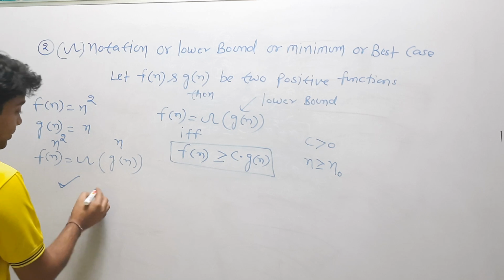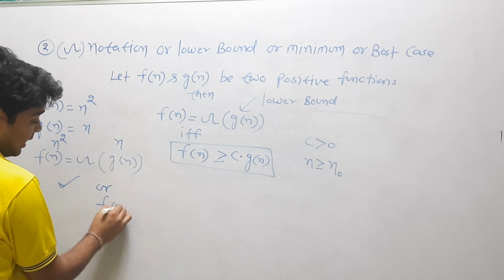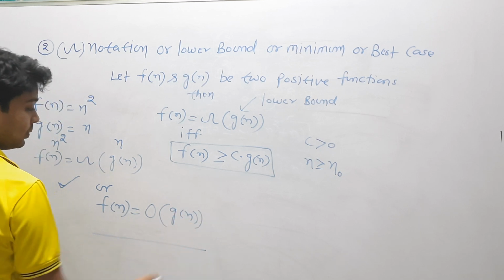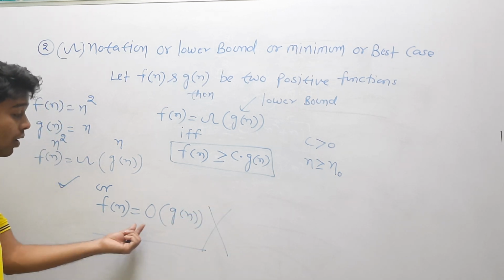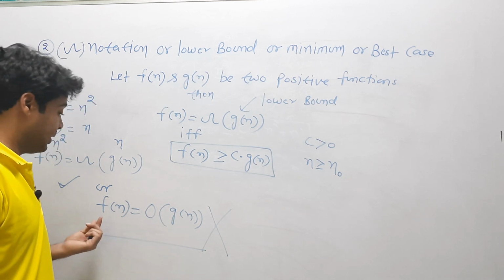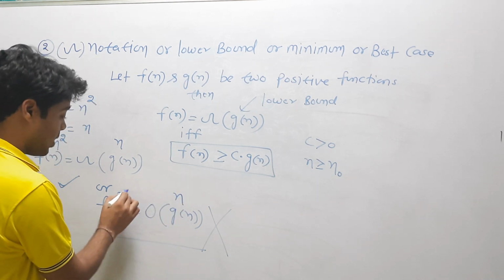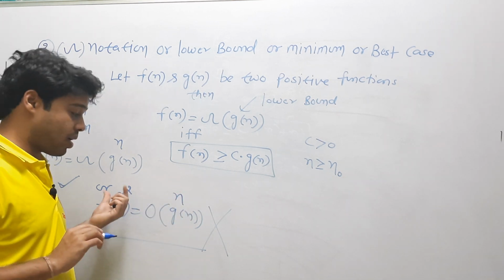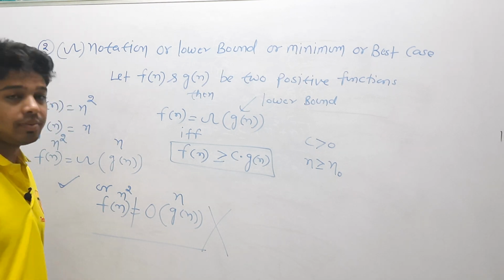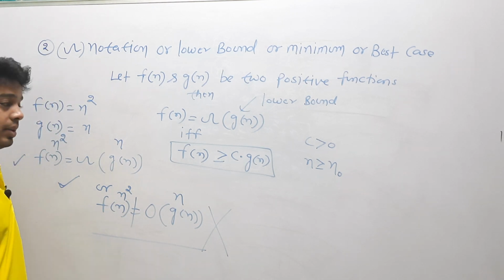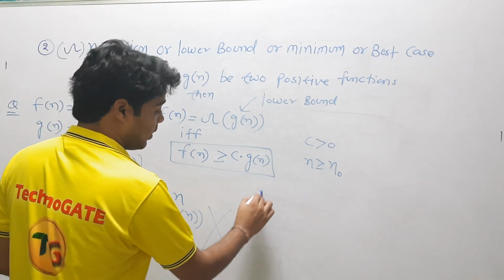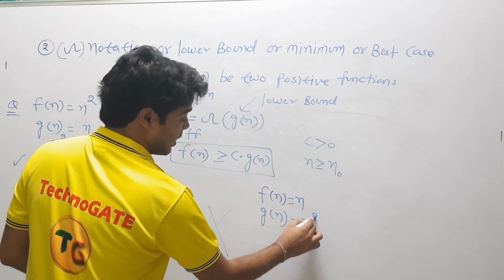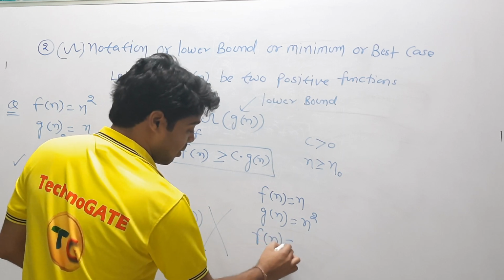Or can we write Fn is big O of Gn? No. Why? Because big O means Gn must be an upper bound on Fn. So here it is n and here n square. Tell me one thing, is the growth rate of n greater than n square? No. So we cannot write this. It is possible if and only if Fn is n and Gn is n square; then Fn is big O of Gn.